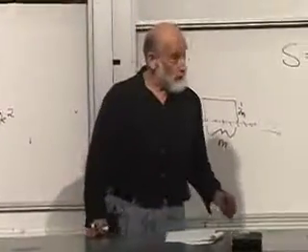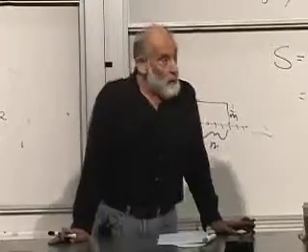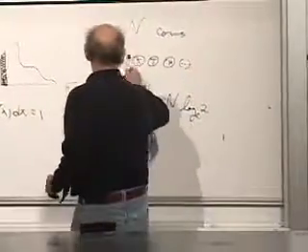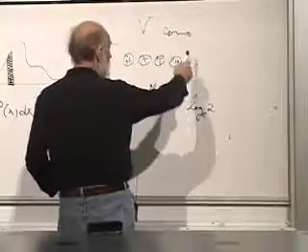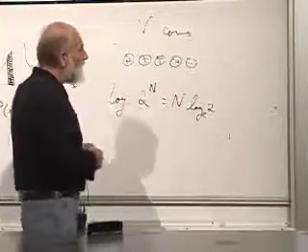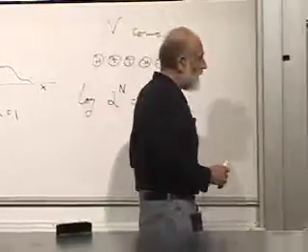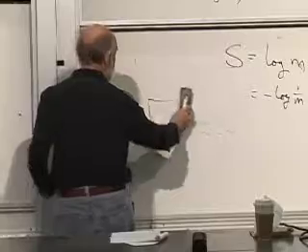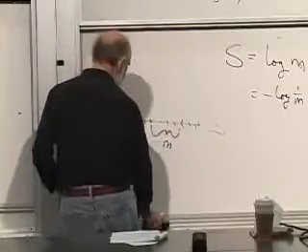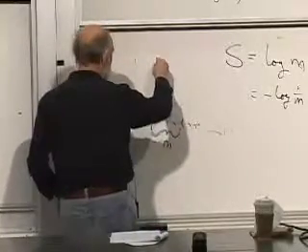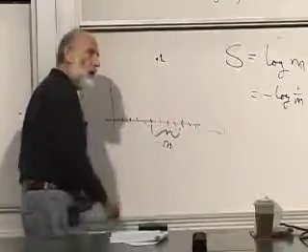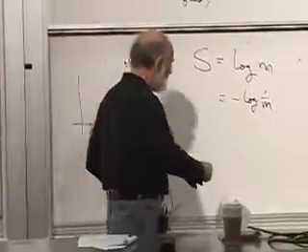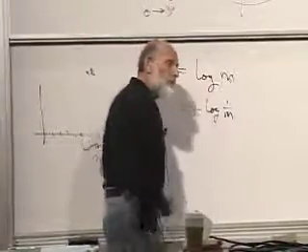Supposing we know everything about the system. Knowing everything would mean, in this case, we know exactly which configuration we're in. That would mean that one of these states has probability 1, and all the others have 0. What's the entropy then? 0. It's just log of 1.